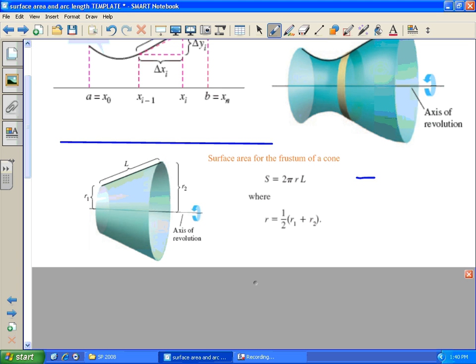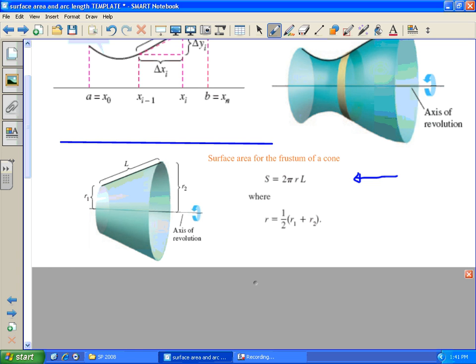Here's the formula from geometry that gives us the surface area for the frustum of a cone, which is 2 pi RL. You may wonder, what is R here and what is L here? 2 pi RL is the surface area of this frustum of a cone where the tip has been cut off of this cone. First of all, R is the average radius. If you average R sub 1 and R sub 2, R is considered to be the average radius.